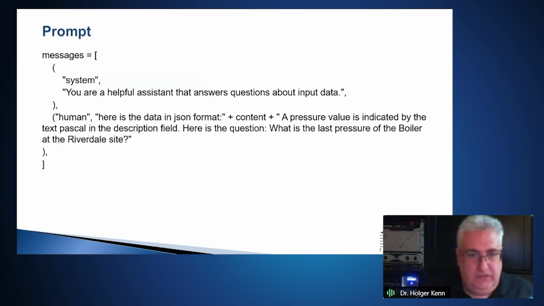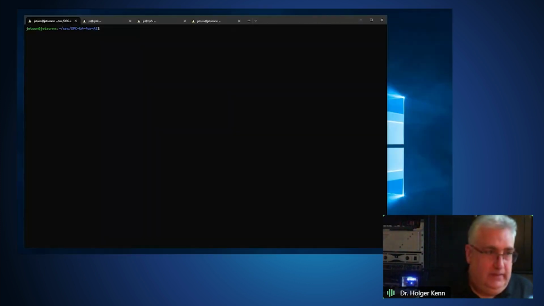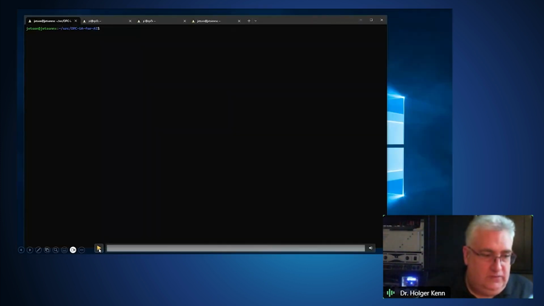And as you can see, there's not really a lot there that is OPC specific. It's even not a lot domain specific. I'm actually just doing one little hint, but I'm basically saying, hey, when you look for something that's a pressure, then it's probably in the unit Pascal. And then I just ask a question. What's the largest pressure of the boiler at the Riverdale site?